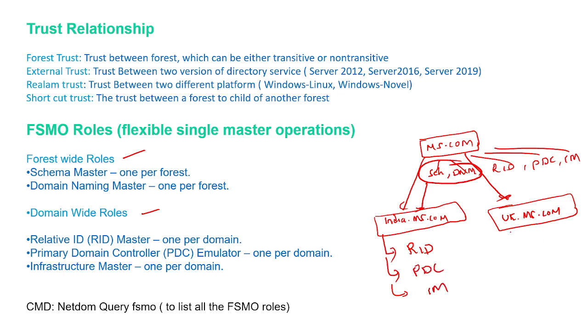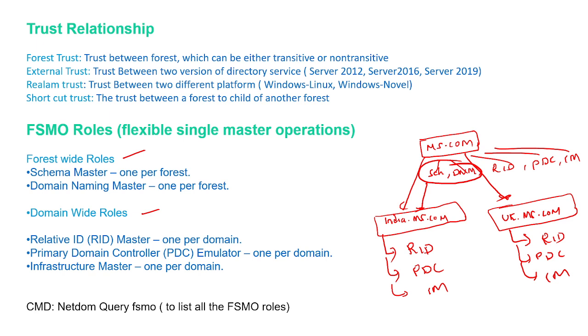Similarly here also, RID, PDC, and infrastructure master will be there. So if you check the FSMO roles in india.microsoft.com, two roles, the schema master and the domain naming master, will come from the top level microsoft.com, and the remaining ones will be from the same domain.